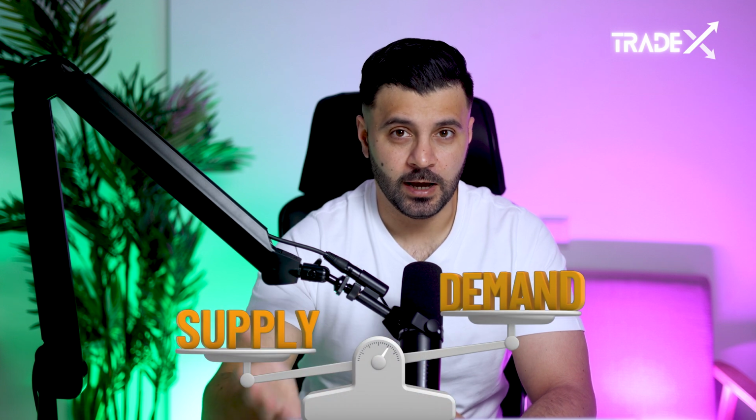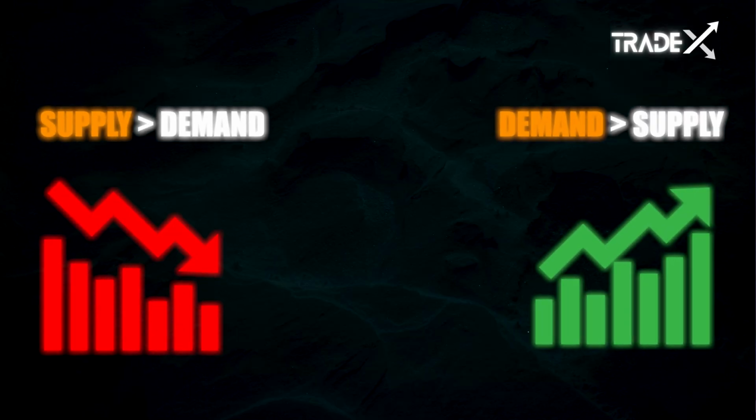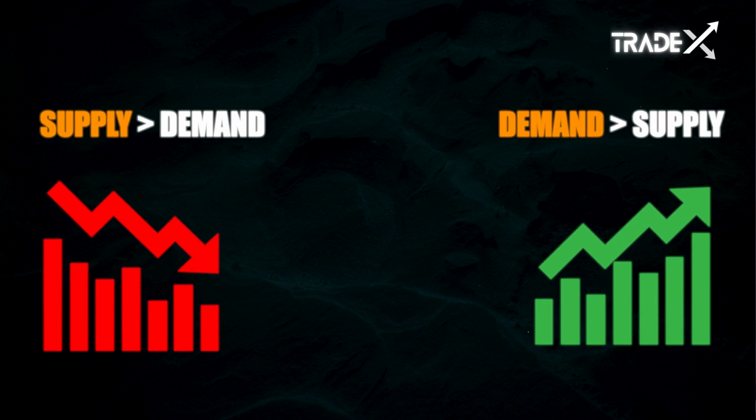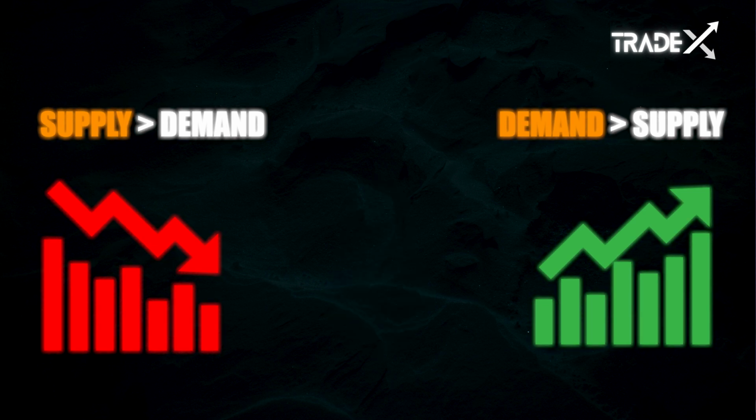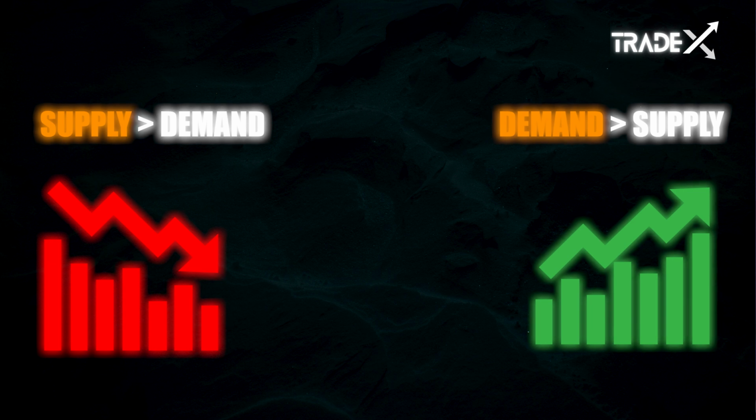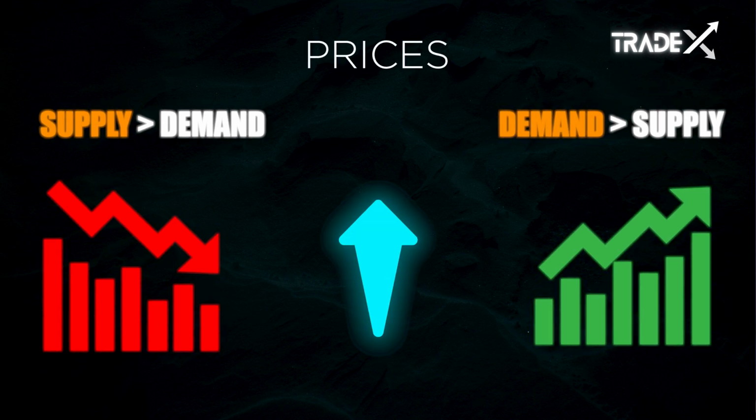So we are all familiar with supply and demand. When supply relative to demand is higher, we get prices moving down. However, when demand relative to supply is more, then we have prices moving higher.